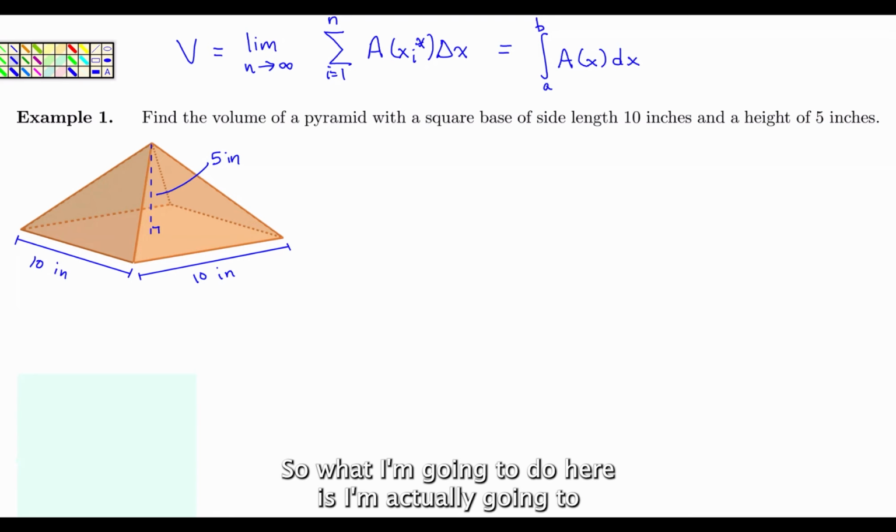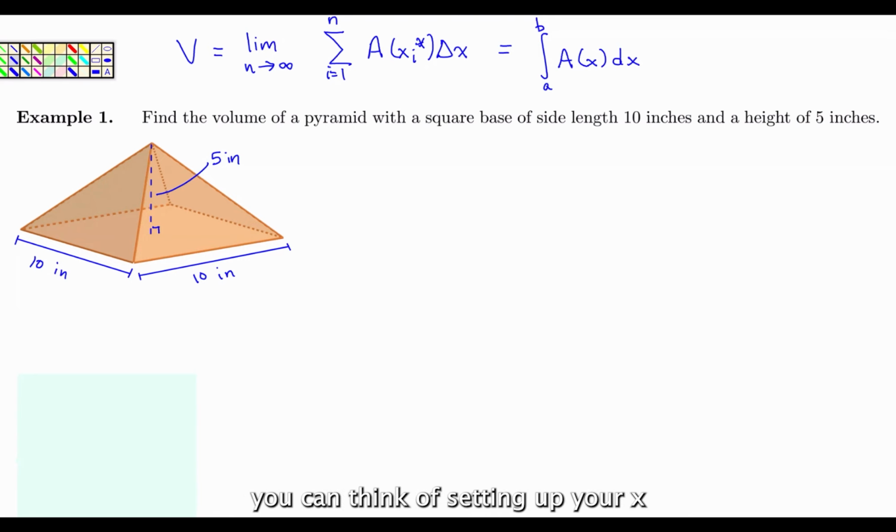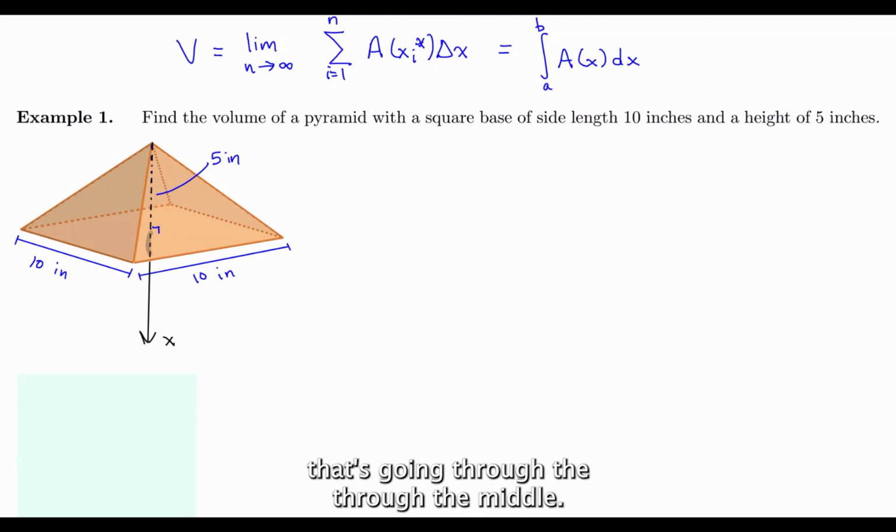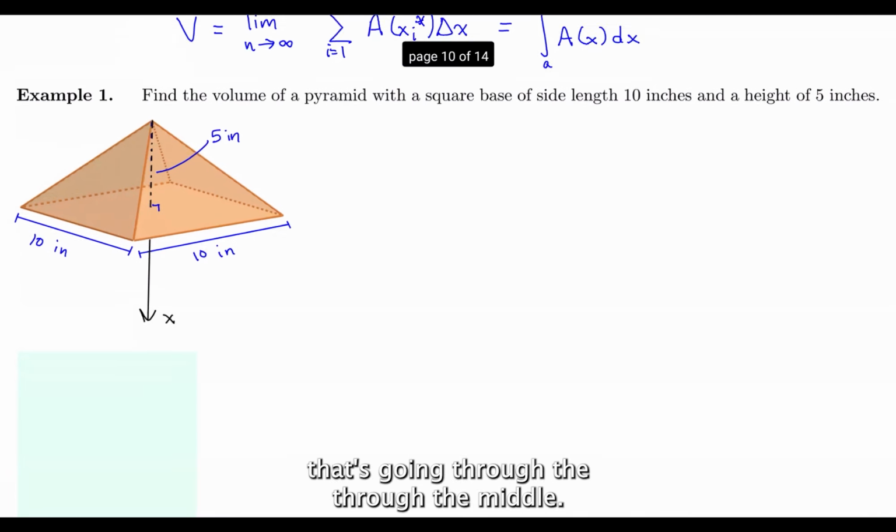So what I'm going to do here is, you can think of setting up your x-axis to be going in this direction. I'm going to make this dashed to indicate that that's going through the middle.